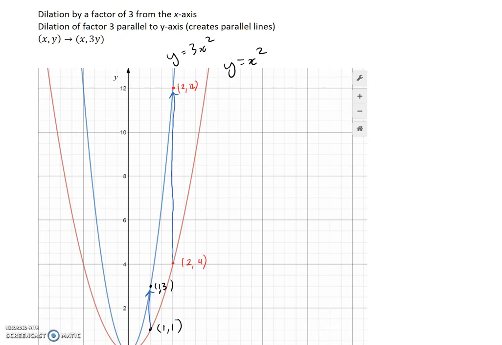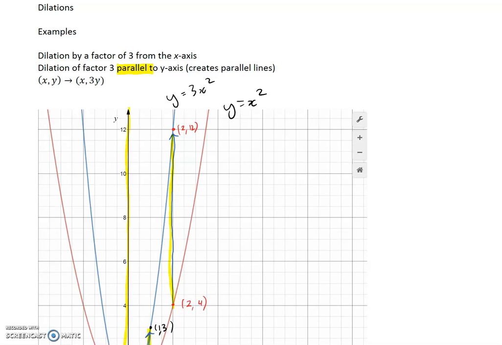So why is it parallel to the y-axis? Well, there's the y-axis. There's my transformation that's parallel to it. Okay, parallel, again, parallel. So two different ways of saying the same thing.